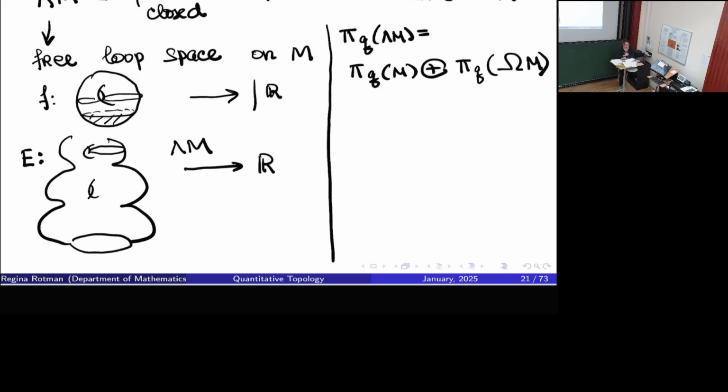Now, omega M, I did not specify it, but I will. This is the space of based point loops.